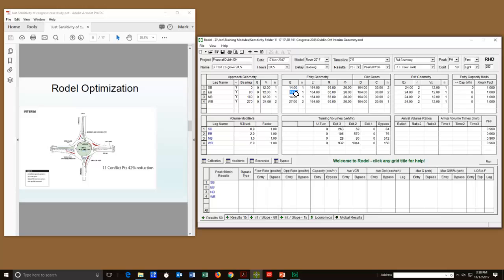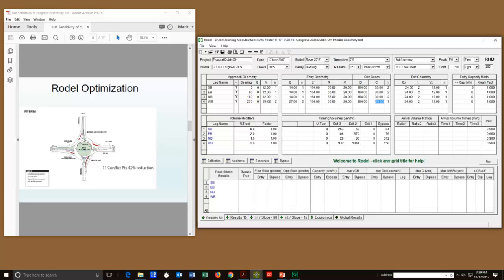And we've reduced the entry down to single lane entries for the first 3 legs, so southbound, eastbound, as well as northbound. And again, westbound is fixed at 2 lanes in this case. And we've modified other geometry accordingly for that project.